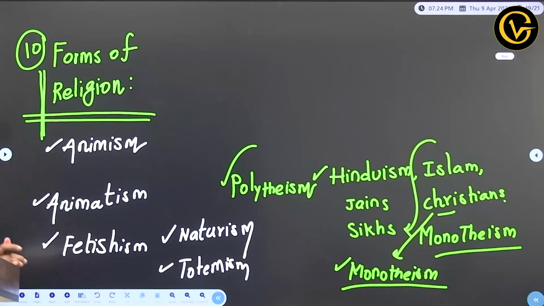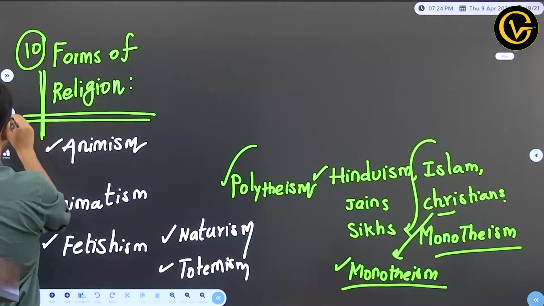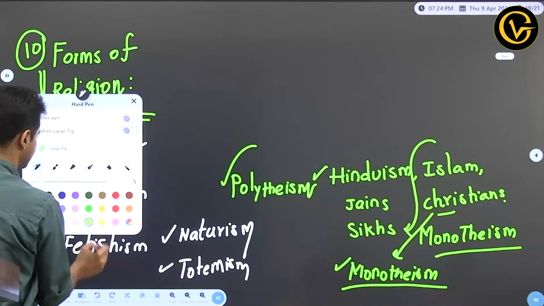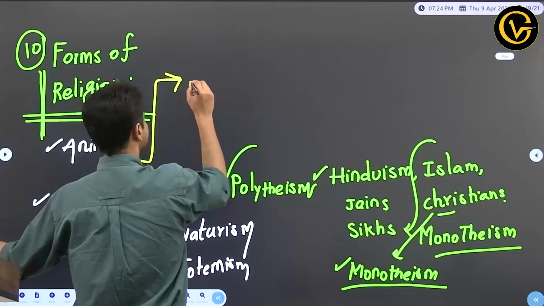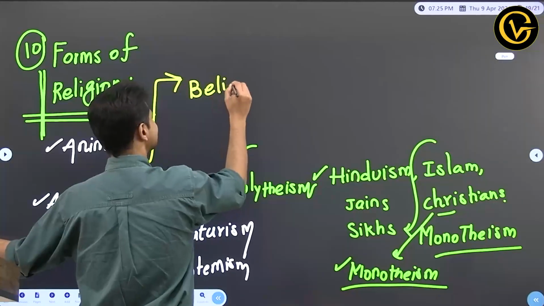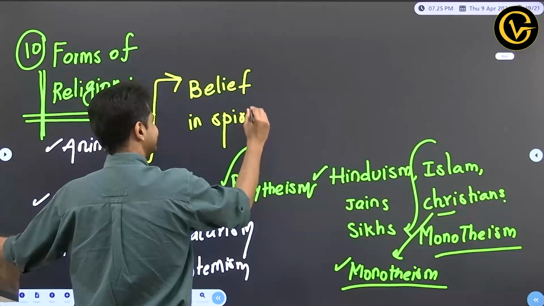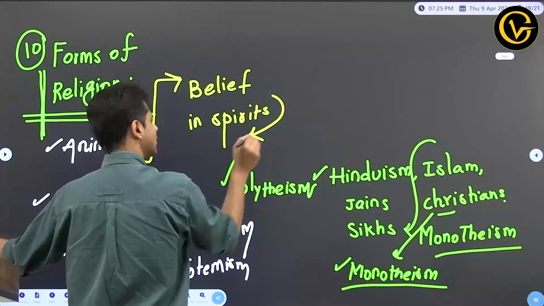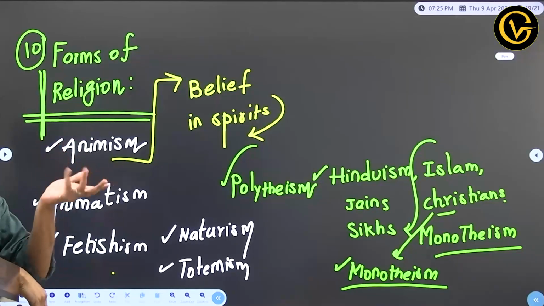Animism is nothing but belief in spirits. Very easy to convince you. I'm sure all of you would have watched the movie Kantara 1, Kantara 2. Guliga is a spirit. In Kantara, this Guliga, all these are nothing but spirits.